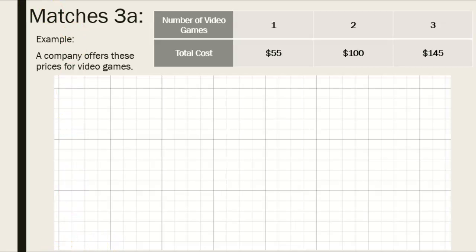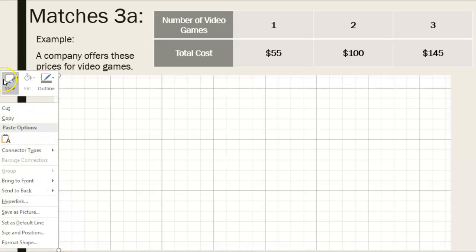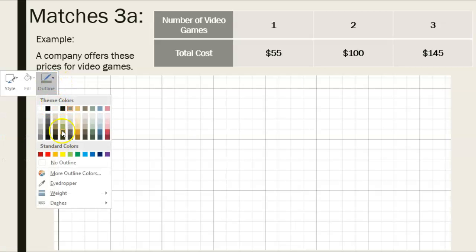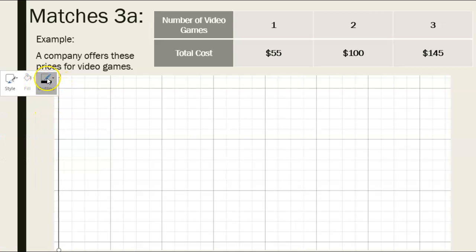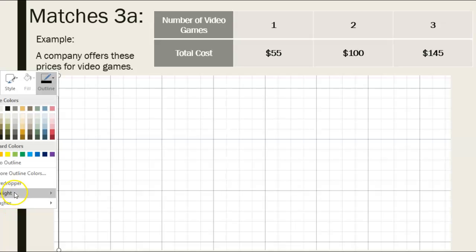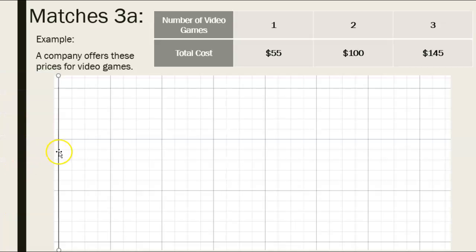So what I would recommend, let me get a line going here. All right, so I would say that on our axes, I'm going to make that my y-axis. Going to darken that, and I'm going to make it a little bit thicker so we can see for sure what it is.